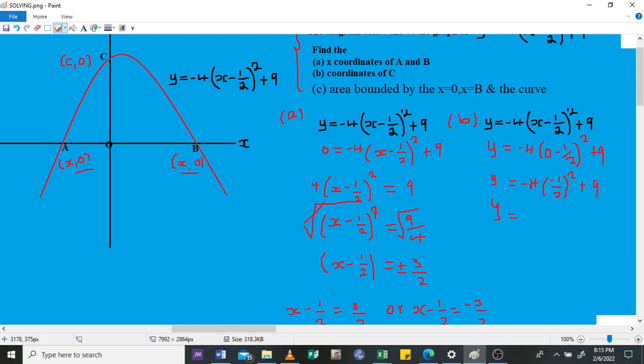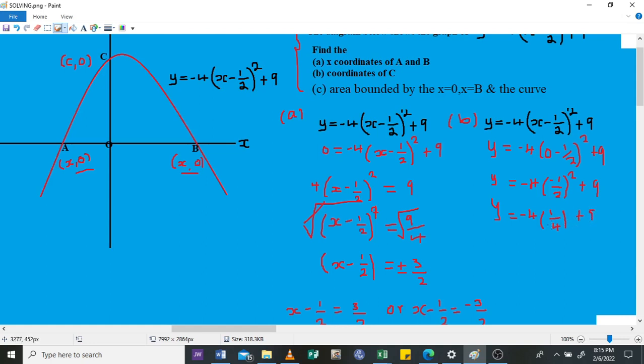This is going to give you negative 4, multiplied by 1 over 4 inside the brackets after you square, plus 9.